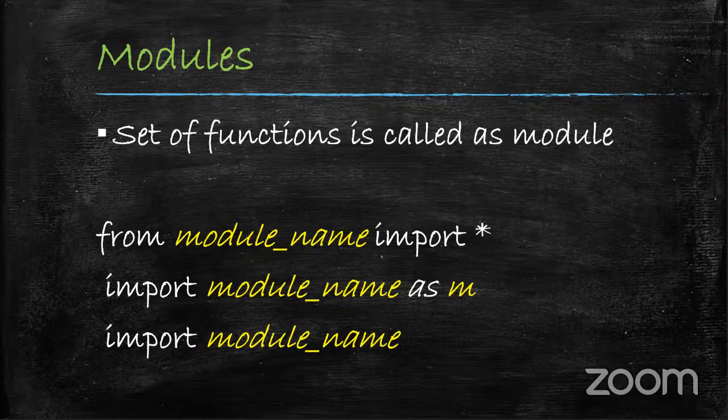The module can be called, meaning all those functions can be called with a single command, such as from module name import asterisk, or import module name as m, or import module name. Any of these statements will do the job.